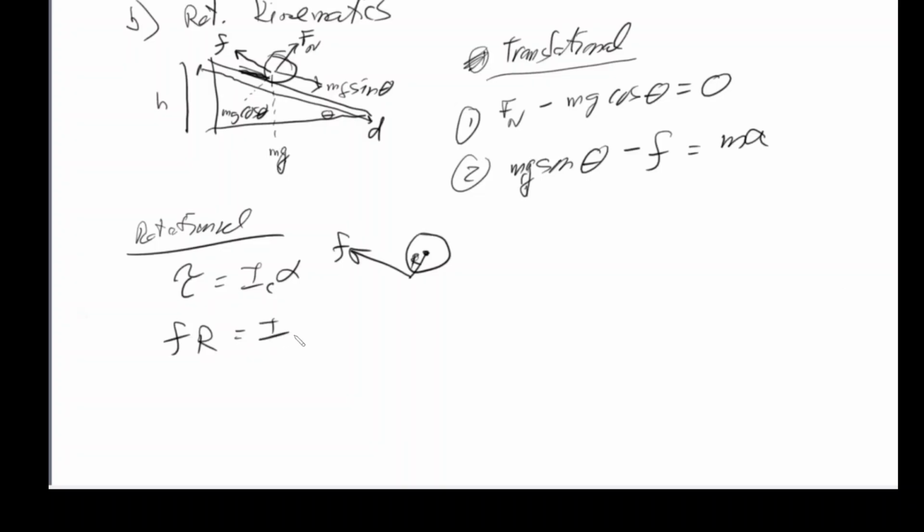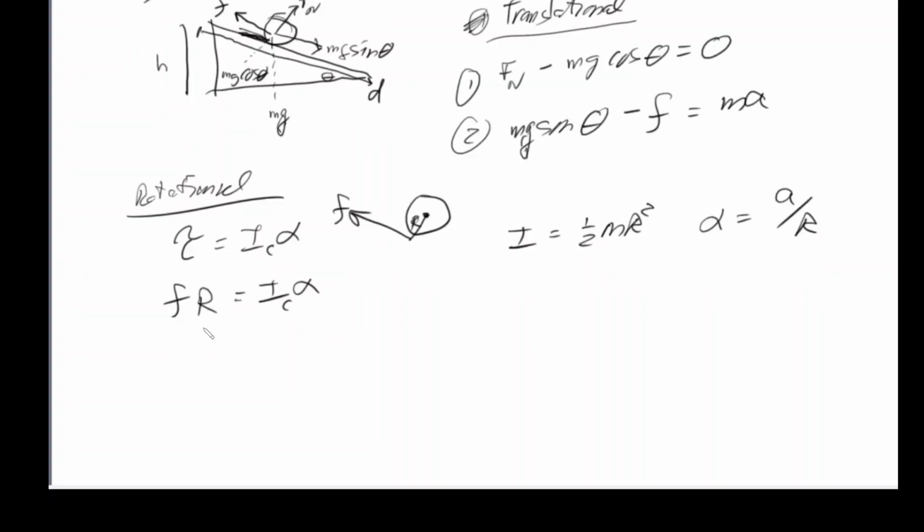That's equal to I alpha of the center of mass. Okay, but we know for a cylinder I is equal to 1/2 mr squared, and alpha, angular acceleration, is equal to linear acceleration over r. So we're going to plug these values in. Well, first let's solve for friction.